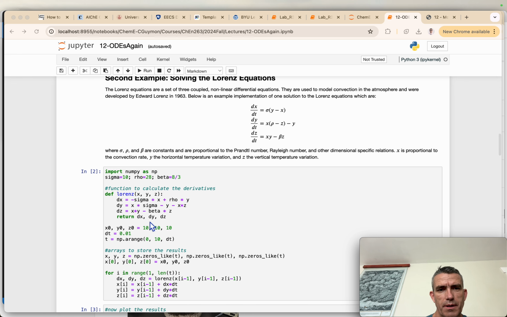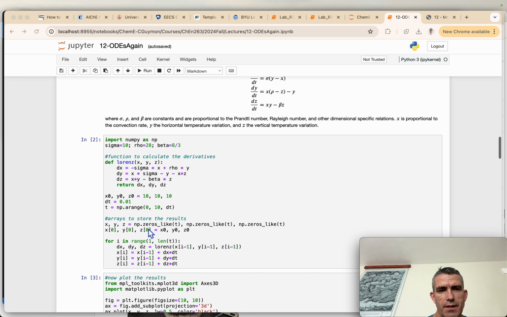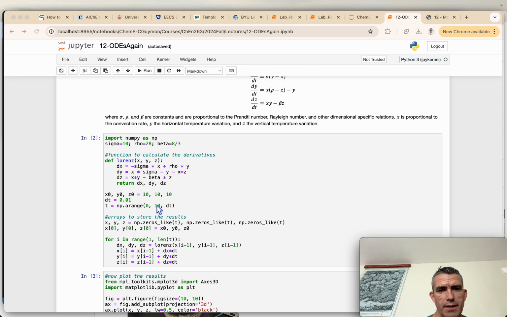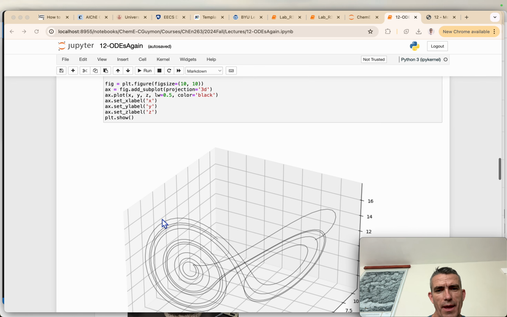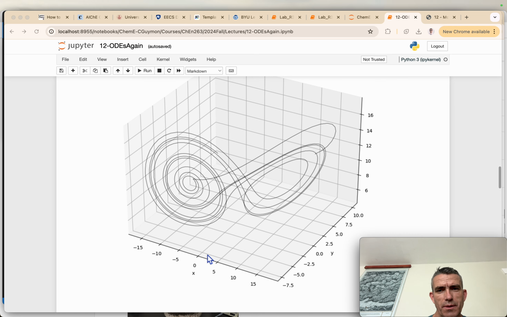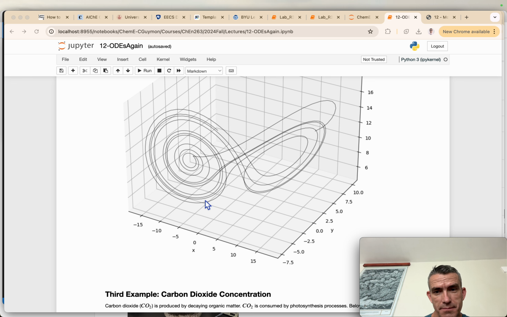And we set up our Lorenz derivatives and then set initial conditions, our time step, and our max time span here. And then we use, again, Euler's method. And you can plot that in three-dimensional x, y, and z. And it has kind of a cool pattern to it. And you can relate that to natural phenomena.